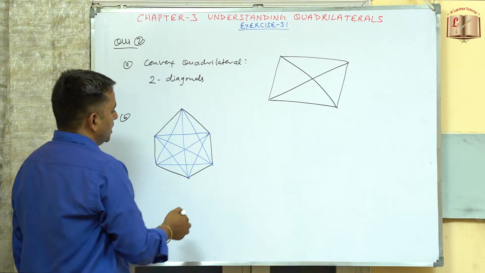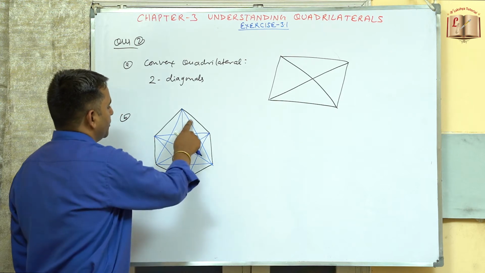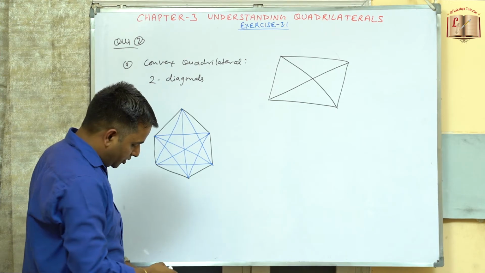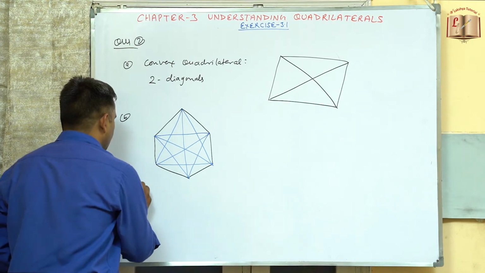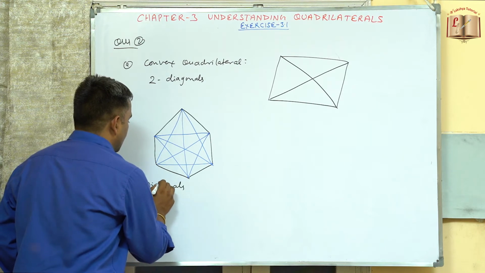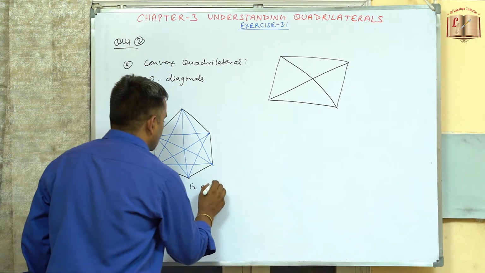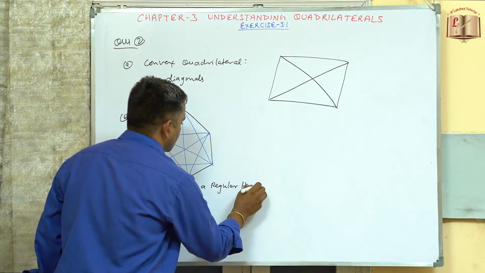So हर एक पॉइंट से देखिए 1 2 3, 1 2 3 and 1 2 3. So if we count all these, so there are 9 diagonals in a regular hexagon.